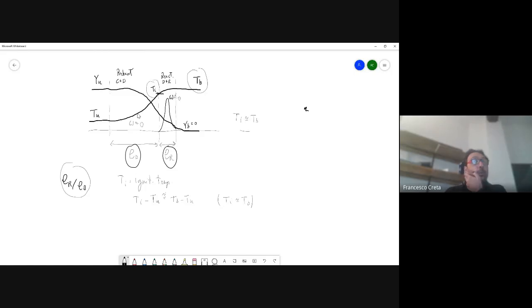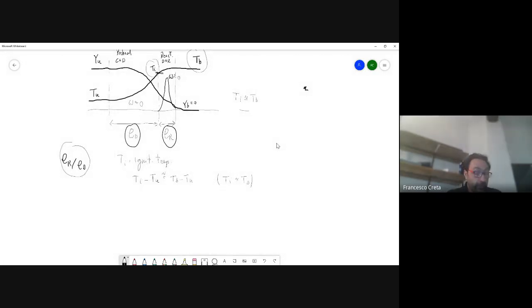How can we estimate the ratio of these two length scales? One thing that we can do is enforce the continuity of conductive heat fluxes at the boundary between the preheat and the reaction zone.